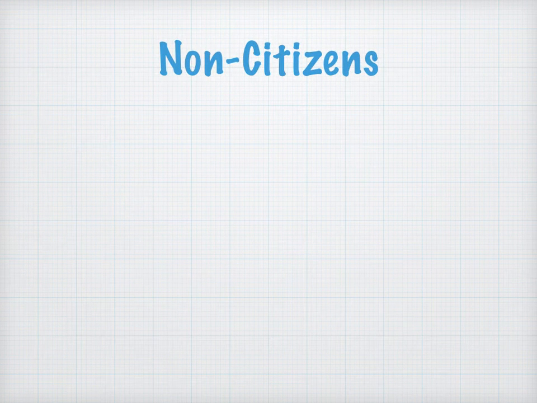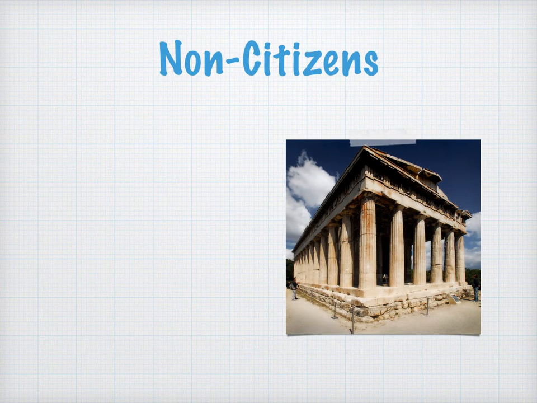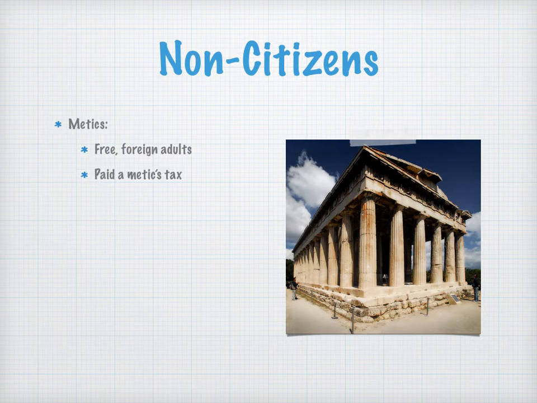There are a few important categories of non-citizens in ancient Athens. Firstly, as we talked about in our society topic, there were metics. These were free foreign adults who were not Athenian citizens, but they lived in Athens. They paid a special metics tax, and they had limited rights and privileges compared to citizens.